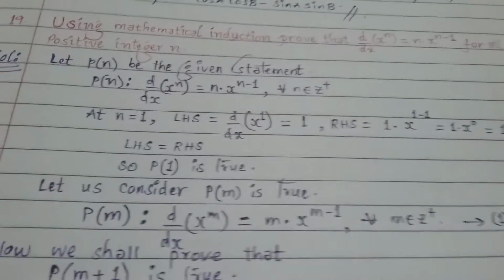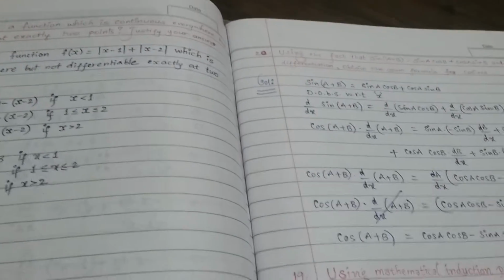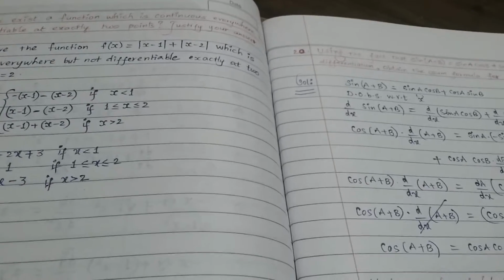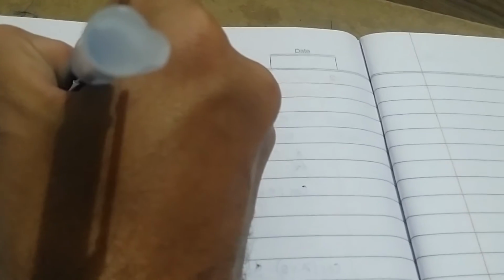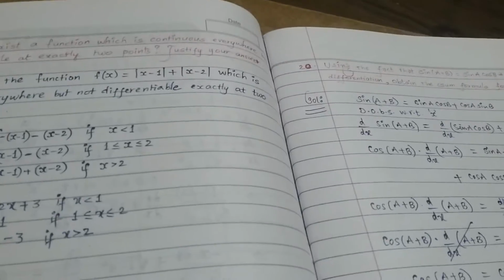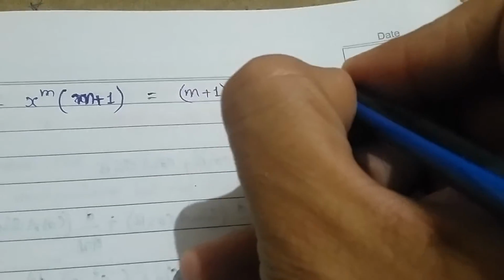So in the next page I will write this is equal to x power m common, m plus 1 we can get, x power m common, m plus 1 will be left here. So this can be written as m plus 1 into x power m plus 1 minus 1.